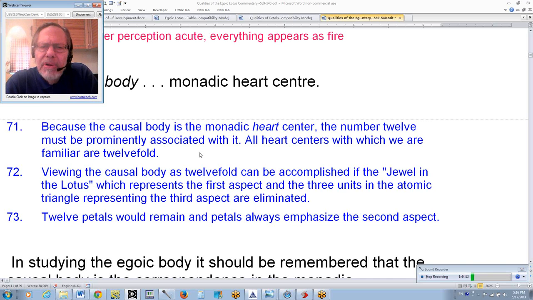So viewing the causal body as 12-fold can be accomplished if the jewel in the lotus, which represents the first aspect, and the 3 units in the atomic triangle representing the third aspect are eliminated. We just keep it within the second aspect particularly. Or at least we keep every aspect pertaining to its own sphere.